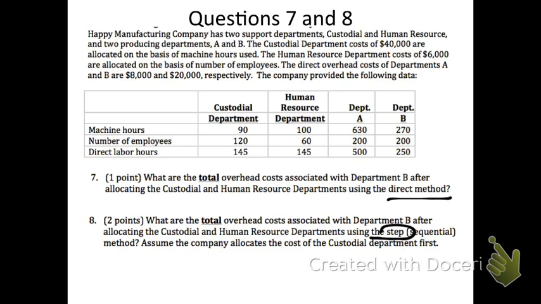And so let's go and solve number 7 first. If we have custodial, human resource, Department A, and Department B, we can actually allocate these costs.